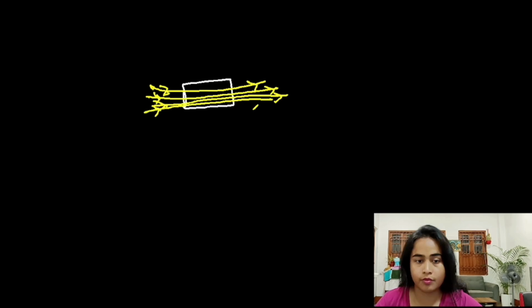If this is your paramagnetic substance and I take the magnetic field lines, my question here is why maximum field lines are inside this substance, or in other words, why the magnetic field is enhanced inside the paramagnetic substance.